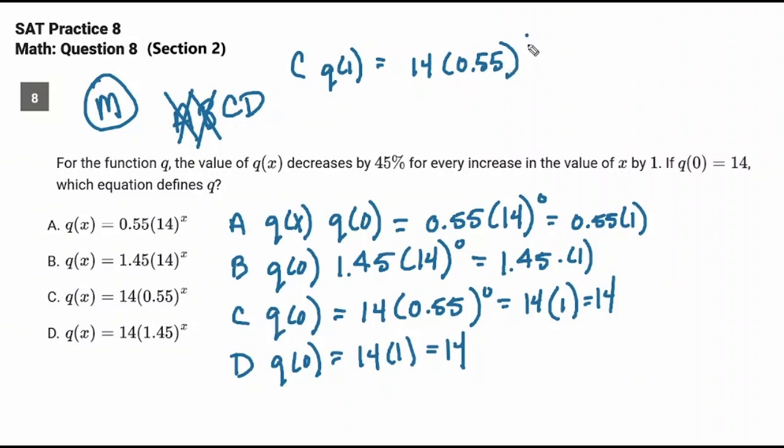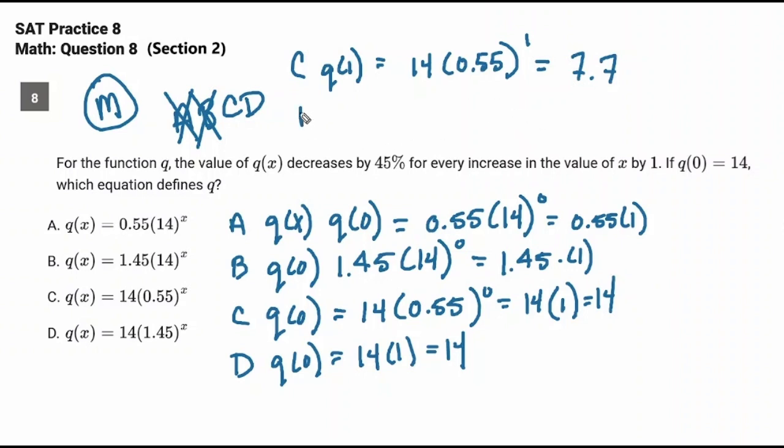Follow the directions. 1. So that's 14 times 0.55. Use your calculator. You get 7.7. Now what's supposed to happen here? You're supposed to decrease by 45%. You do not need to calculate this. If you decreased 14 by 50%, you get 7, right? We got 7.7. And that's about 45%.